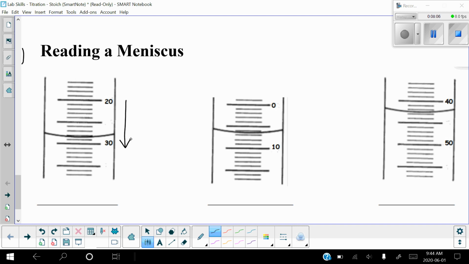So if it's above, it's going to be below the next number. So this line here is 29. This line here is 28. So I would just say it's right below 28.